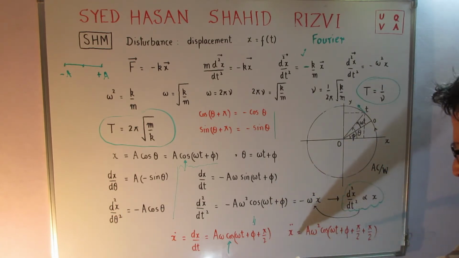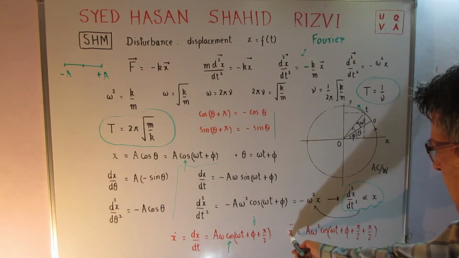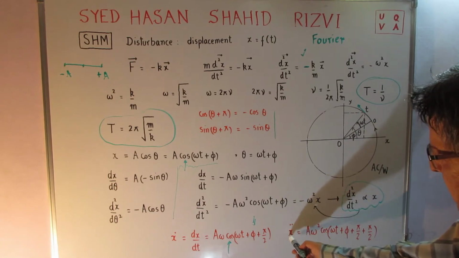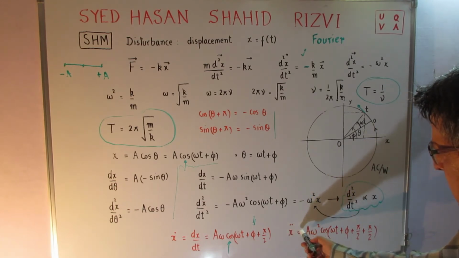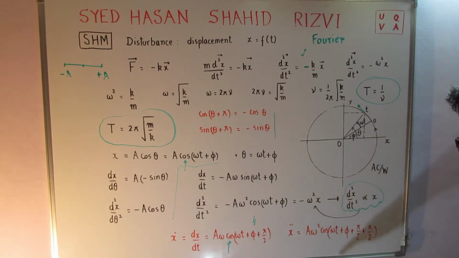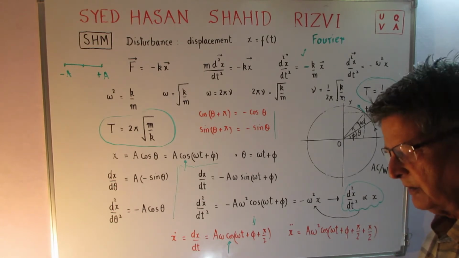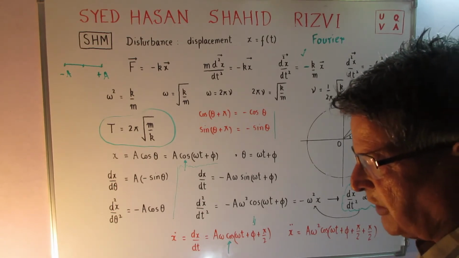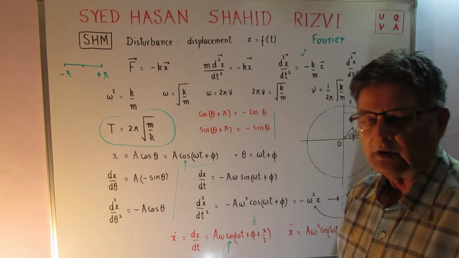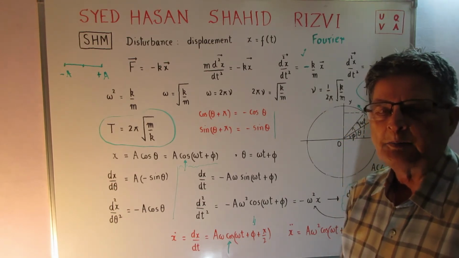When I go for the second differential, d2x upon dt2, which I write as x double dot, this becomes equal to a omega square cos of omega t plus phi plus pi by 2 plus pi by 2. I told you there that every time I differentiate, my phase increases by pi by 2.